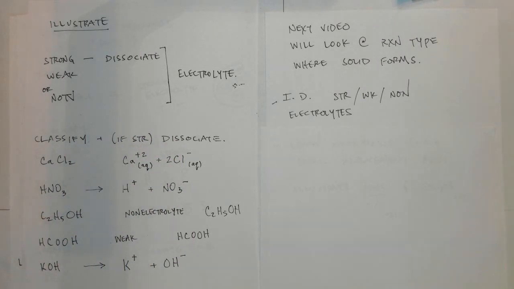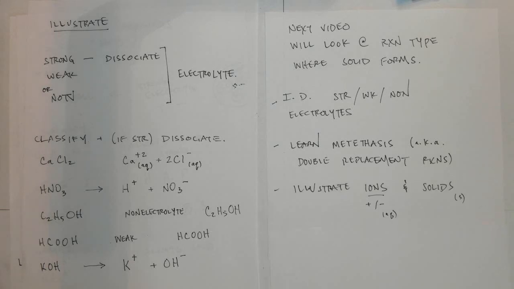So we'll have to identify strong, weak, and non-electrolytes. Hopefully you learned that during this video cast. Next cast, you'll learn about what are called double replacement, aka metathesis reactions. And hopefully you learned how to illustrate ions. In the next cast, you'll learn how to illustrate solids in solution.